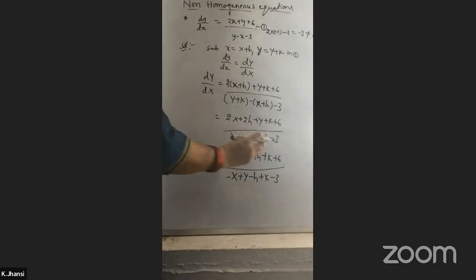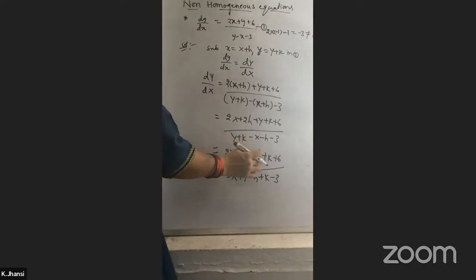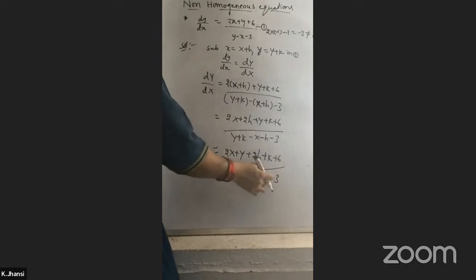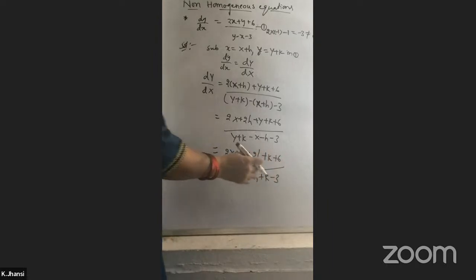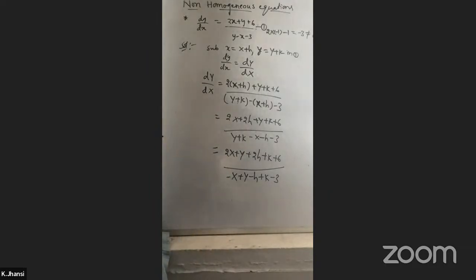Okay, so from this we have to find here 2x plus y and minus x plus y are the x variables. Whatever the terms are there for h, k and the constant term, these two we have to take them as equations and we have to find h and k values.